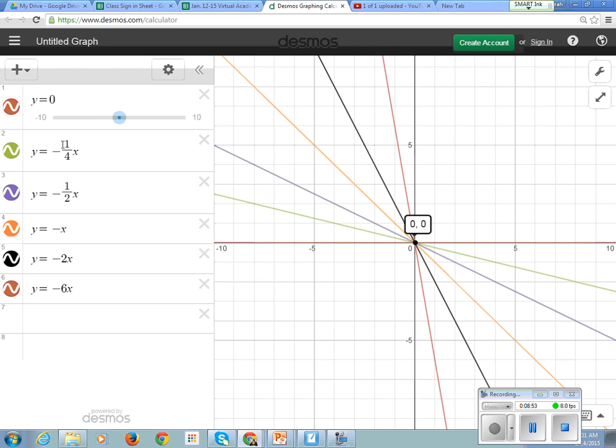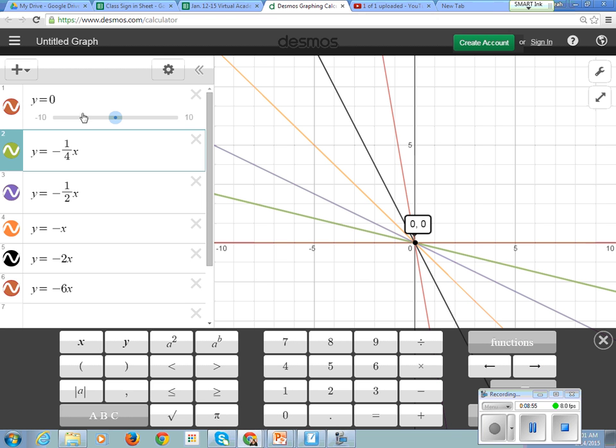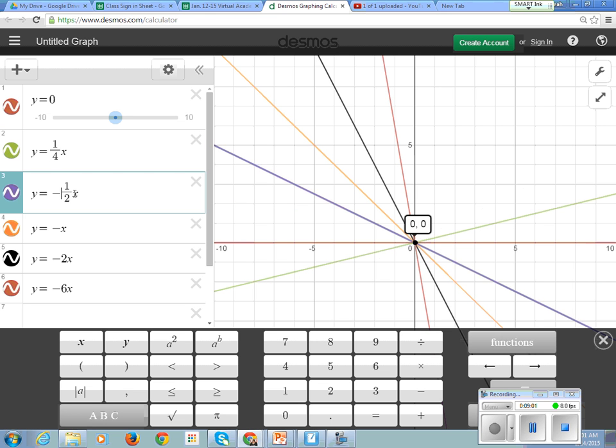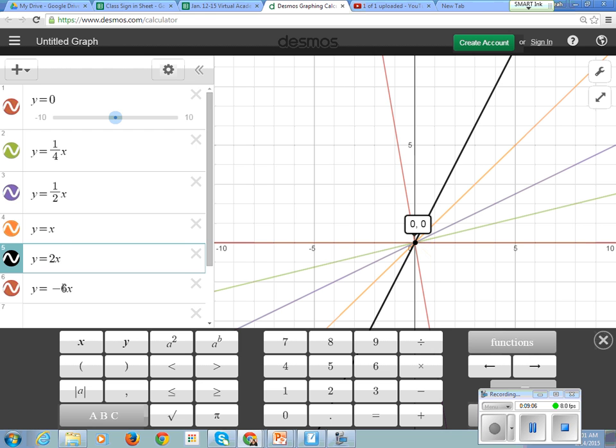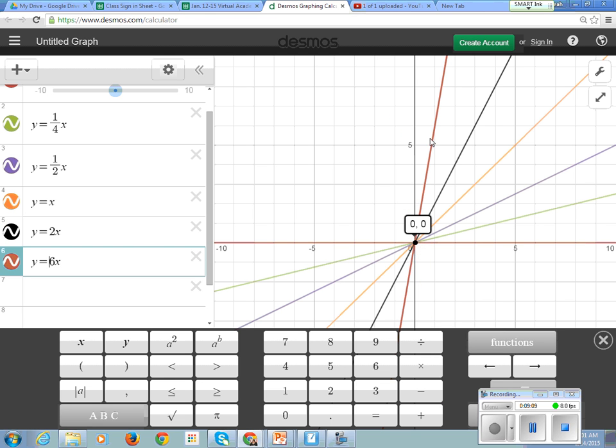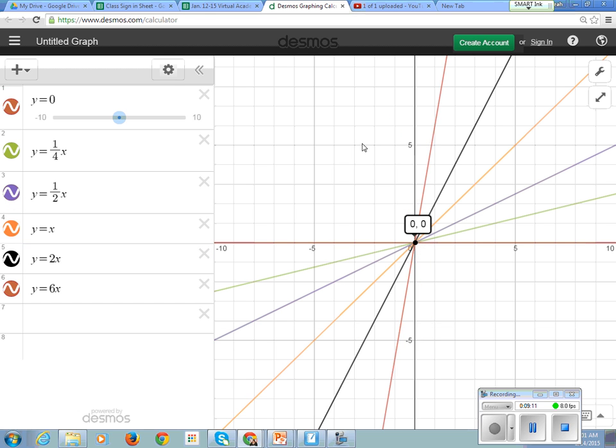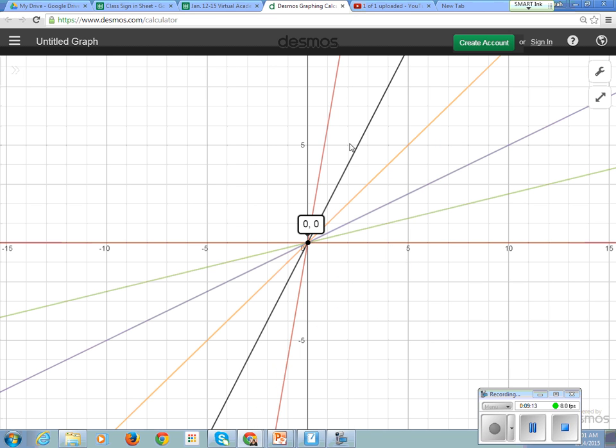Once you have all these graphed, go ahead and take off the negatives for each one and see how that changes the lines. So by changing the slopes from negative to positive, you get the same level of steepness on each line, but now they're positive. Now if your little guy was walking on each one of them, he'd be walking uphill.